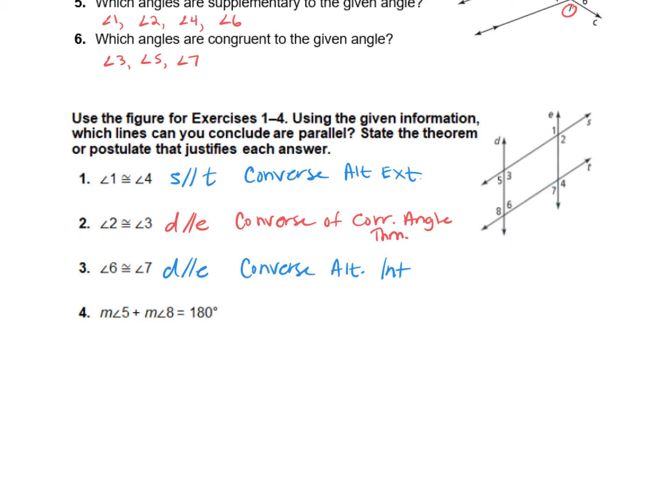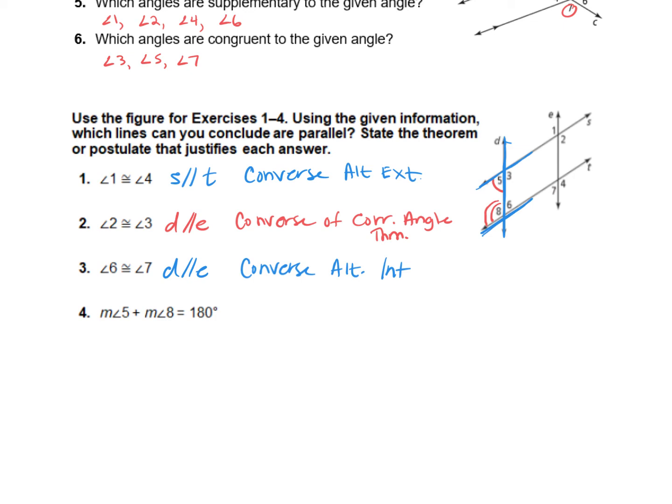And last we have the measure of angle 5 plus the measure of angle 8 is 180. So let's find angle 5 and angle 8. I'm not going to mark them congruent because they're not congruent, but I'm going to mark them so I know which angles we're looking at. I'm going to draw the line that connects those. That's your transversal, which means these must be our parallel lines.